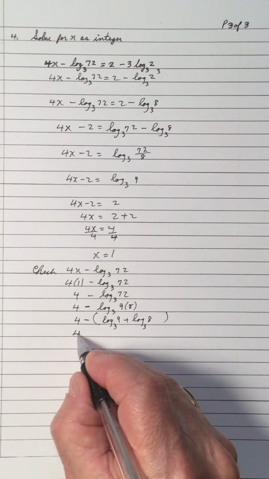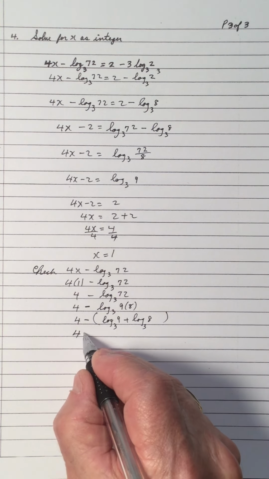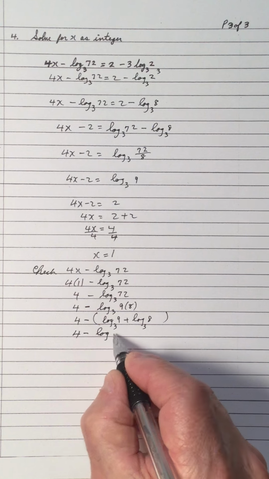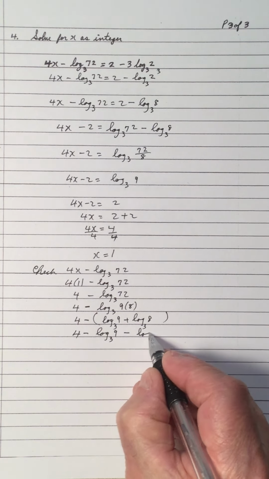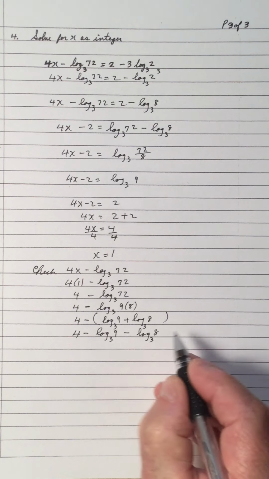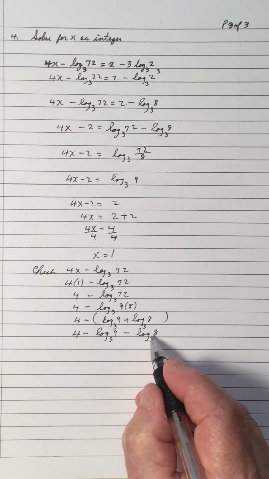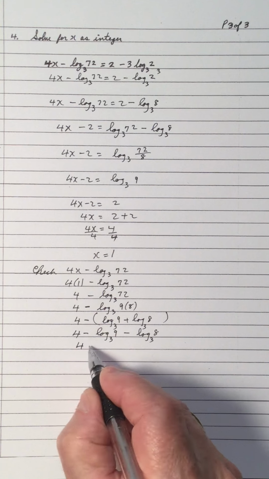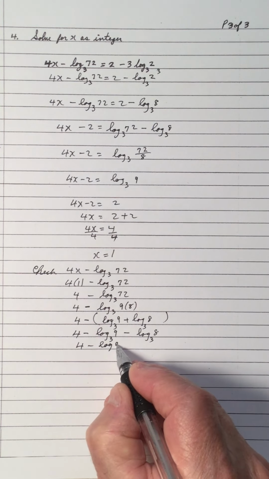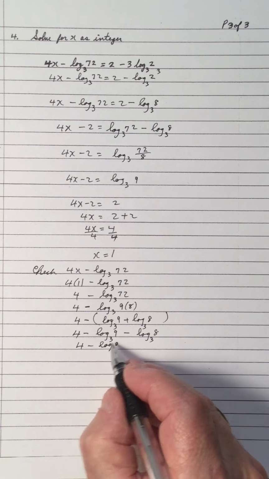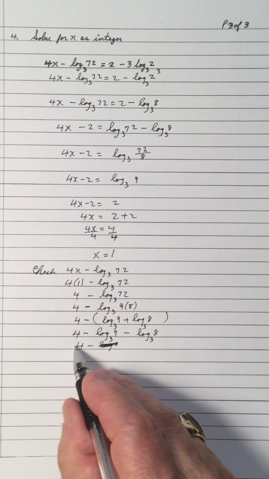So that's 4 minus the log of 9 base 3 minus the log of 8 base 3. So there's 4 minus the log of 9 base 3. Oh, sorry about that.